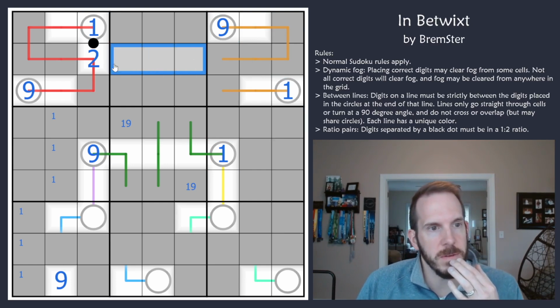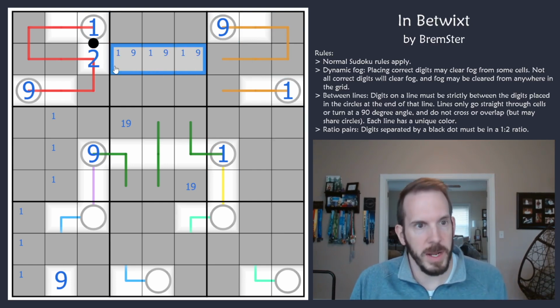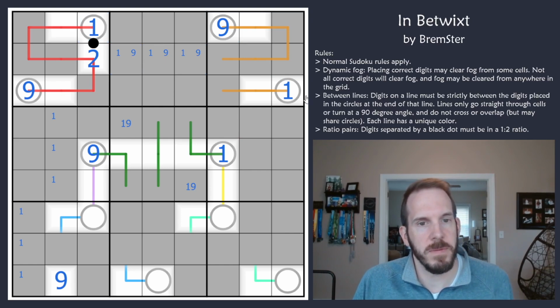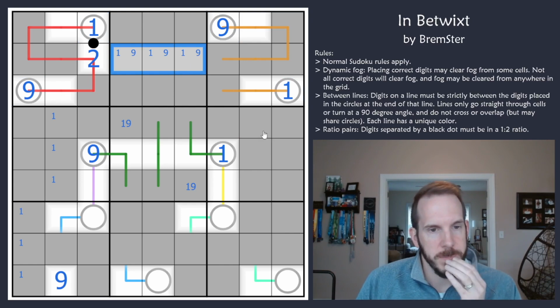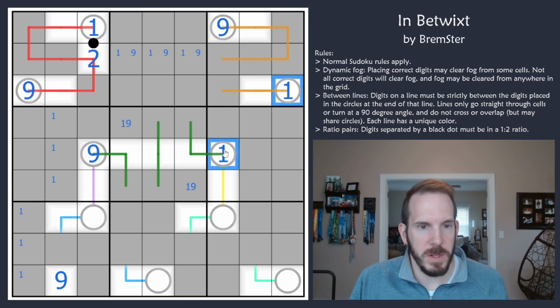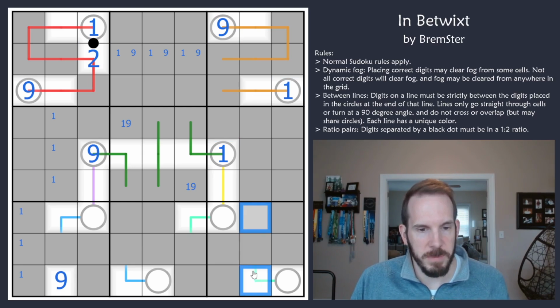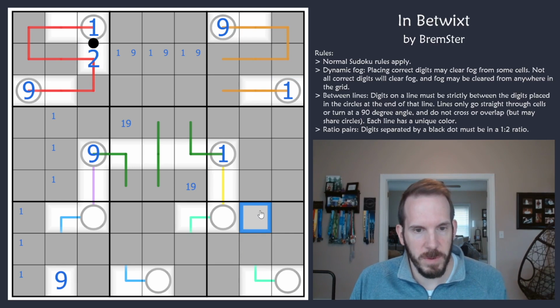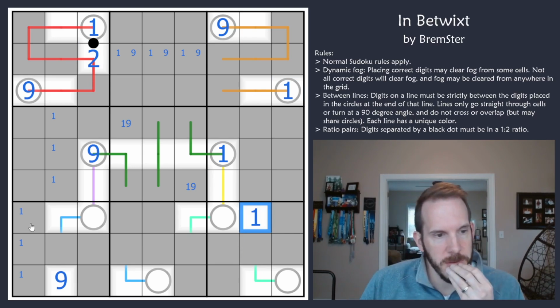So in row 2, 1 and 9 go in these cells. Got this sort of pattern here with 1s and 9s. And then again, looking at 1s down this way, 1 in this box will be in one of these 3 cells, but there's between line in these 2 cells. So 1 will go here. Takes 1 out of this cell.